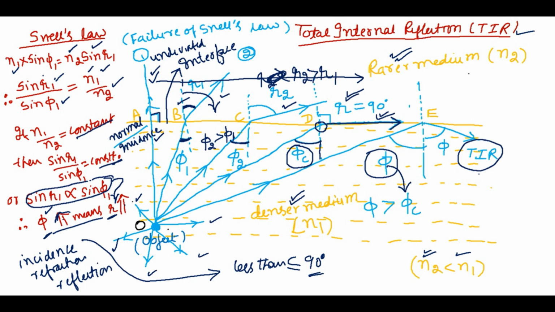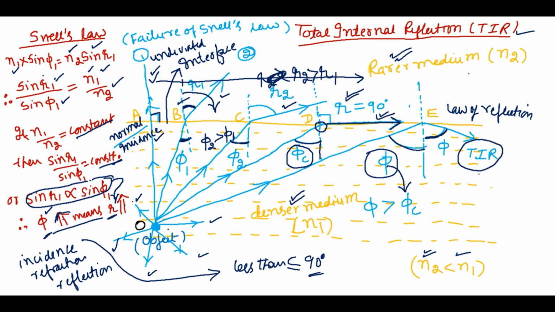Such a phenomenon is called total internal reflection, and at point E you will use the law of reflection, since it is a reflection. According to the law of reflection, the angle of incidence and angle of reflection are always the same.